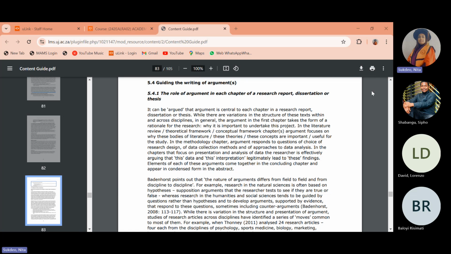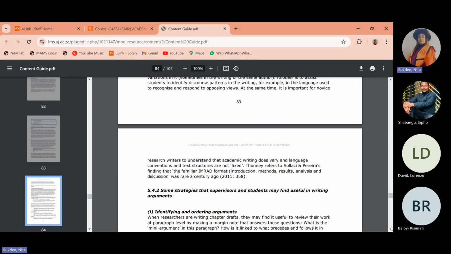So because you're adding to the body of knowledge, you're going to have a lot of literature that's going to support your argument. So there we have your voice. Remember, Unit 1 was putting in your voice, and now it's supported by literature, or by what other authors have said. So that's basically how I guide the students that I supervise.